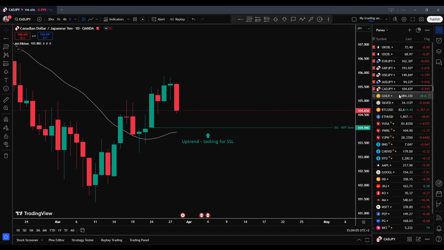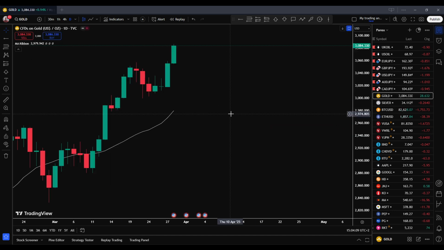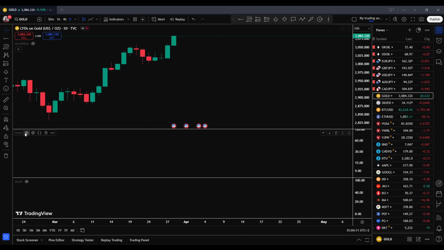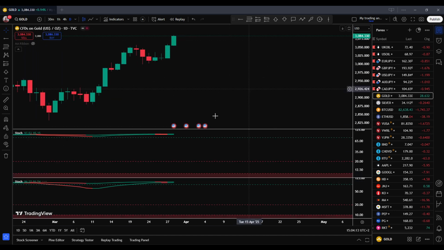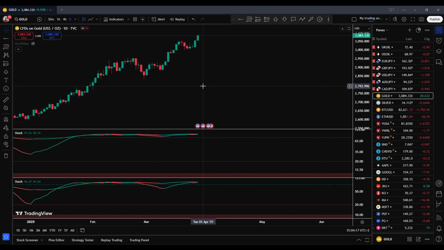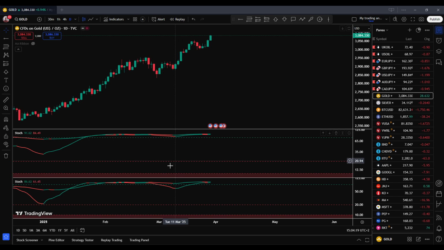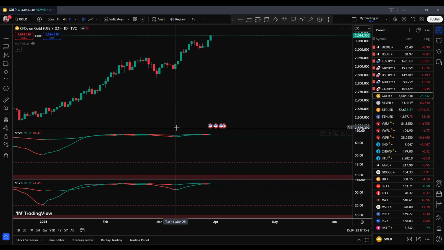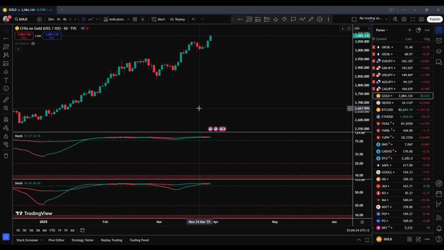Now let's see what we have from the investing part. Here I will use the 4 stochastics on the daily and the 4-hour time frame. Let's see what we have here.